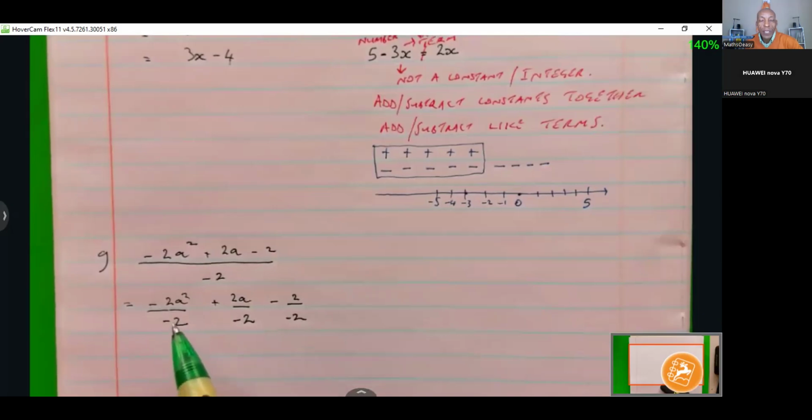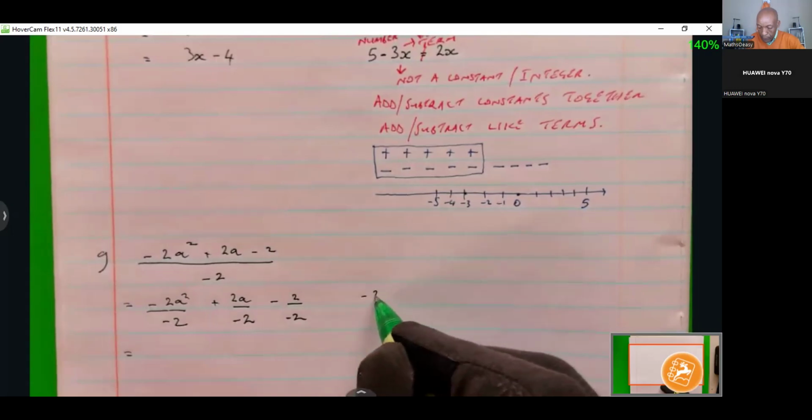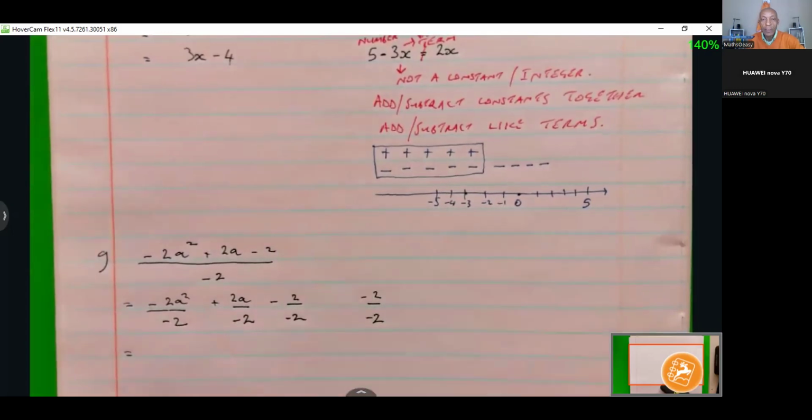So same thing with addition. We only add numbers together. We multiply numbers together. So we only divide the numbers together. So what will happen here? The -2. So I'm going to say -2 divided by -2. What does it give me? It's gonna give you a +1, isn't it?